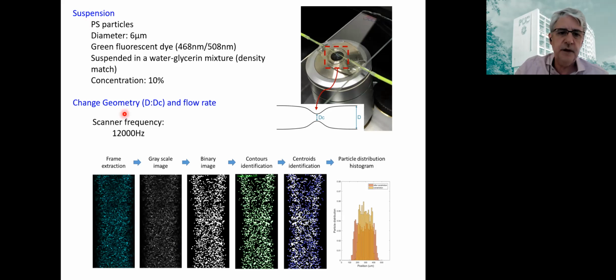As I mentioned, it's a fast scanner frequency, so we are using a 12,000 hertz frequency to get the image of the plane that we are looking at fast enough that we can capture these dynamic features of the flow. So we have to go through a lot of image processing, with different filters, then identification of the particles, and then algorithms to count the concentration of particles in different regions of the flow.